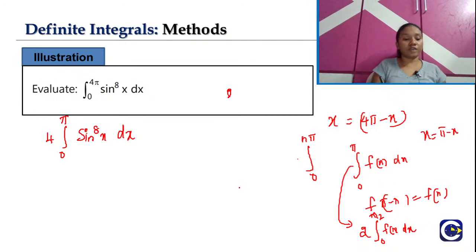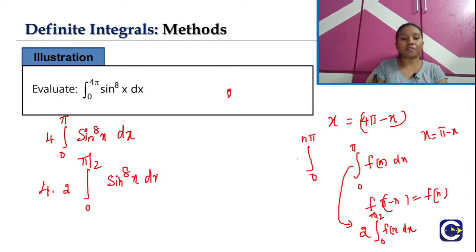We can apply the same format here, because sine power 8x, even if you have a negative, turns out to be positive. So this can also be rewritten as 4 into 2 into 0 to pi by 2 sine power 8x.